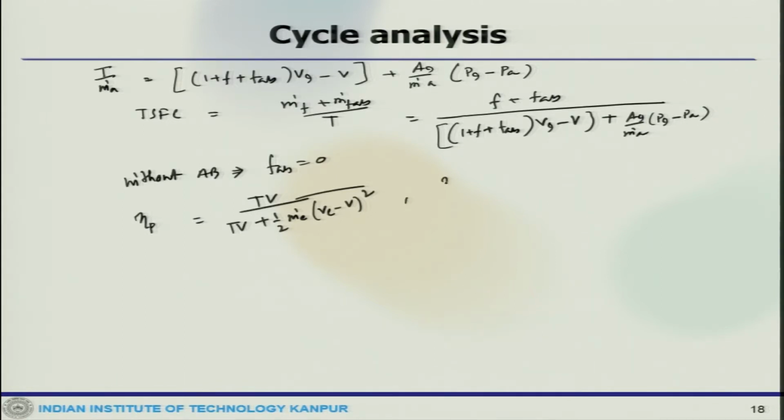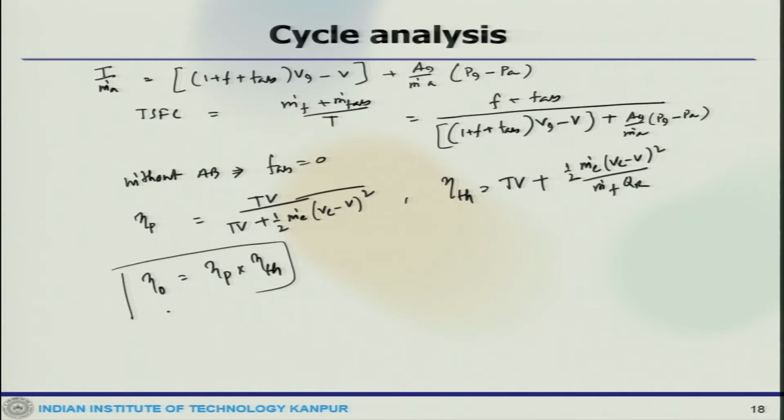Similarly, we can write thermal efficiency, which is TV plus half m dot E (VE squared minus V squared) by m dot F QR. Okay. So now the overall efficiency would be eta P into eta thermal. So that's how you can find it out.